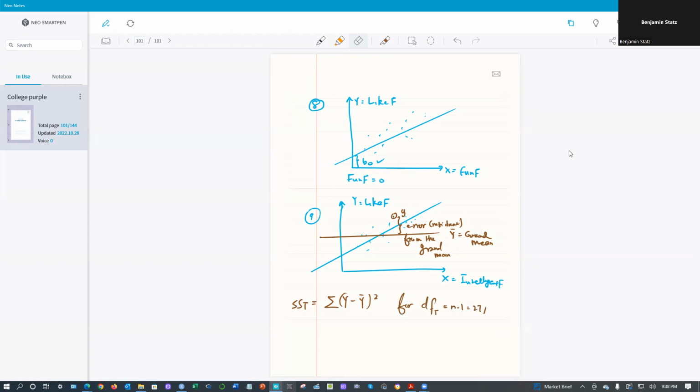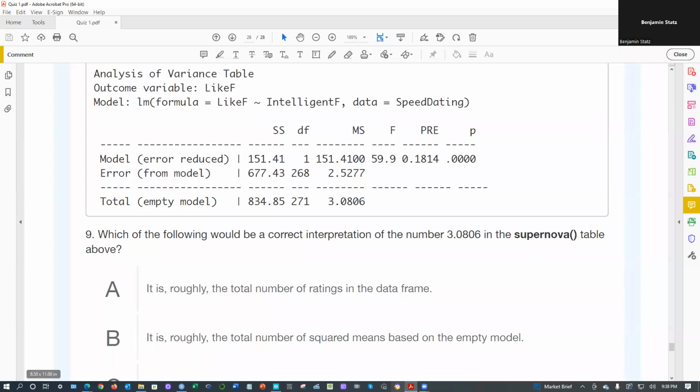Is that 271? 269? Let me see. 268. Yes, this is not right. It should be 269, because 1 plus 268.